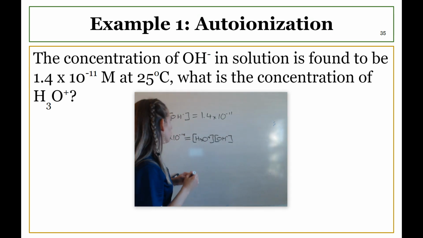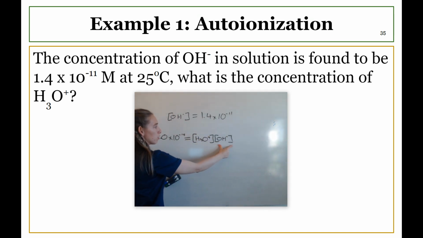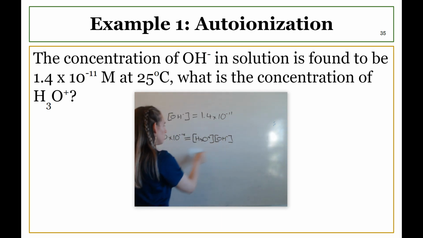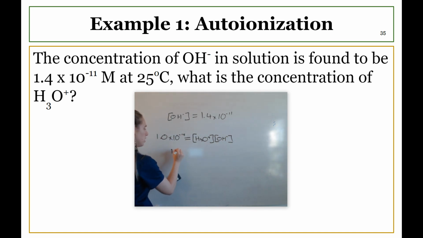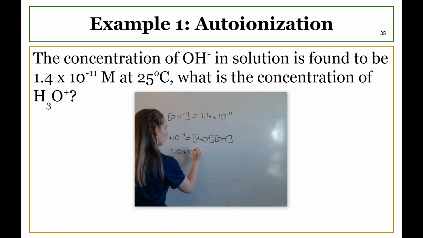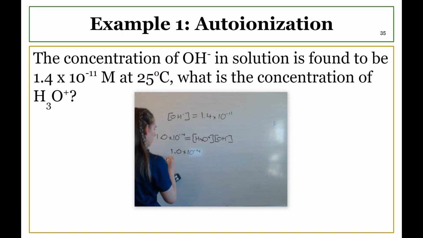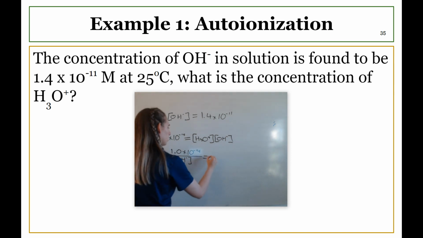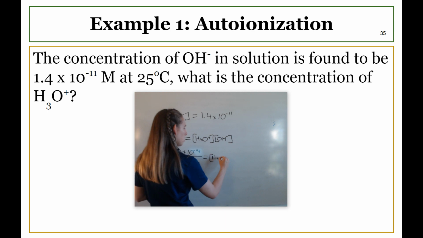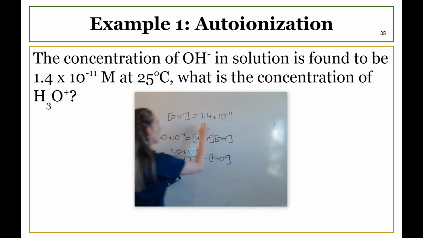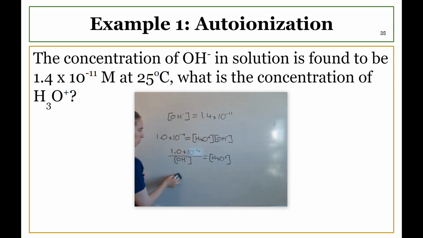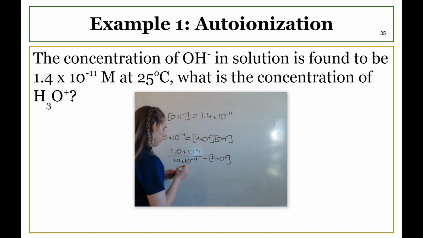What's the concentration of H3O? So if we have hydroxide, let's divide both sides by hydroxide, and we can solve for hydronium, which is the H3O. Divide both sides by hydroxide, and we get that down here. That's going to equal H3O. Of course, hydroxide is equal to this from the problem, so we can plug that in, and we've got 1.4 times 10 to the negative 11.